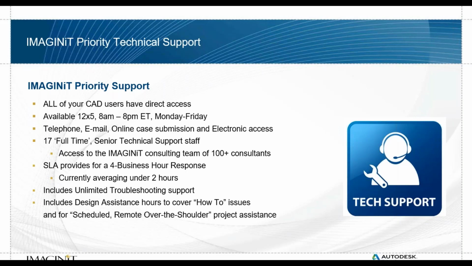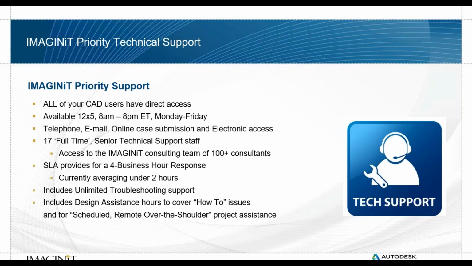I'm not going to read all the bullets on the screen here, but a couple of things I want to highlight: we operate on a 12-by-5 basis, and our support staff are available from 8 a.m. to 8 p.m. Eastern Time, Monday through Friday. As I mentioned before, we allow everyone in the organization to contact us to get assistance. Hopefully the idea behind that is we're keeping your key staff focused on productivity and on their own tasks, not being a support go-between or helping to alleviate those types of issues.